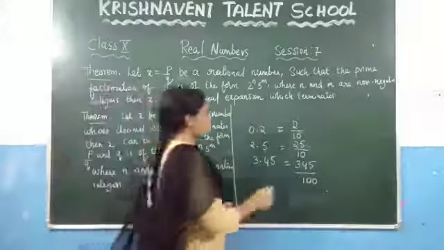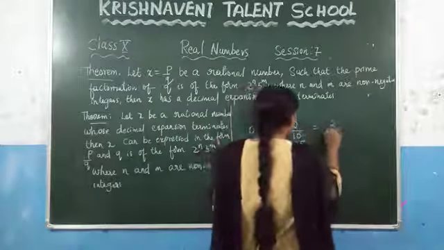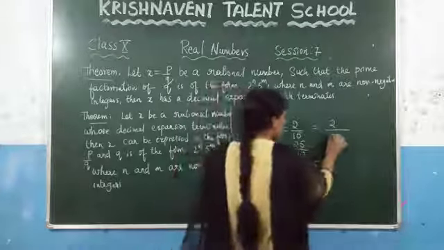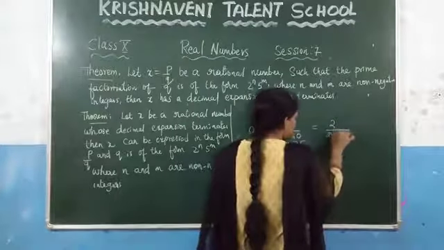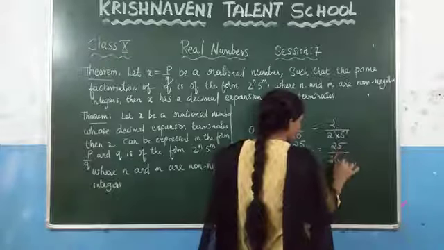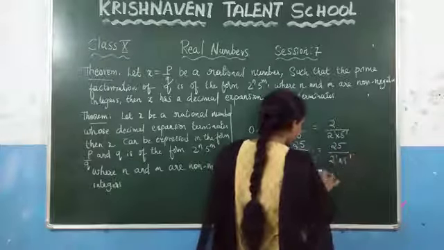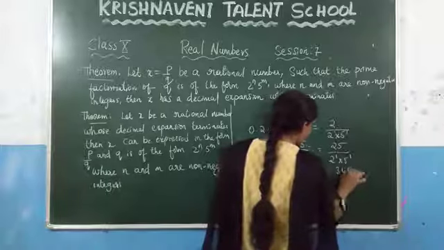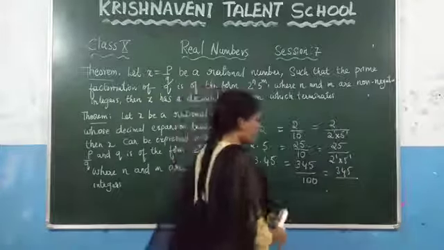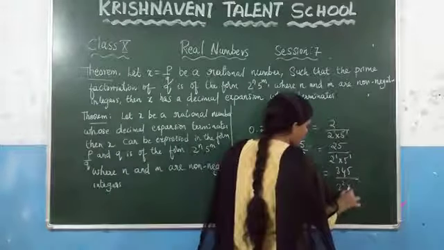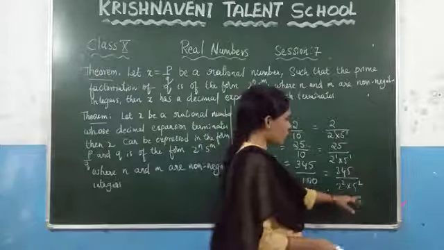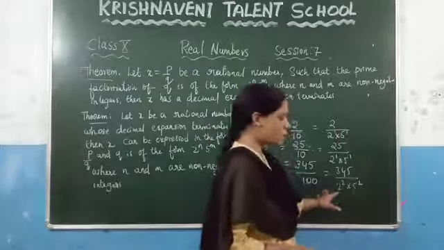Let us express this. After finding the factors, we can write 10 as 2 into 5. Again here also we can write 10 as 2 into 5. And 345 by 100, how can we write 100? We can write it as 2 square into 5 square, because 2 square is 4 and 5 square is 25, and 25 into 4 is 100.